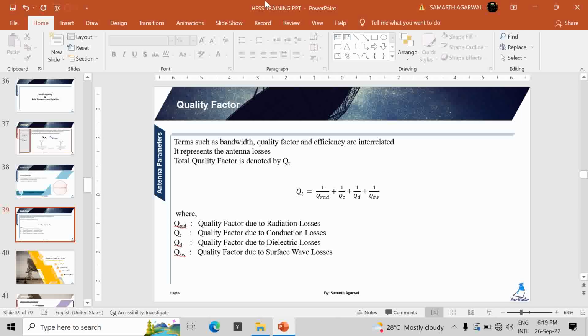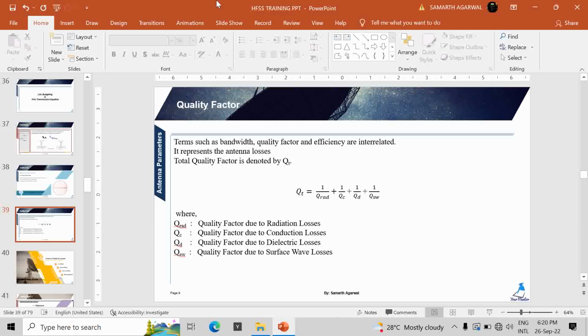So these can be captured by the quality factor, which depends upon the losses. QT is given by 1/QT as the sum of the losses: QRAD, QC, QD, and QSW. QSW is the quality factor due to surface wave loss, QD is due to dielectric losses, QC is due to conduction losses, and QRAD is due to radiation losses.